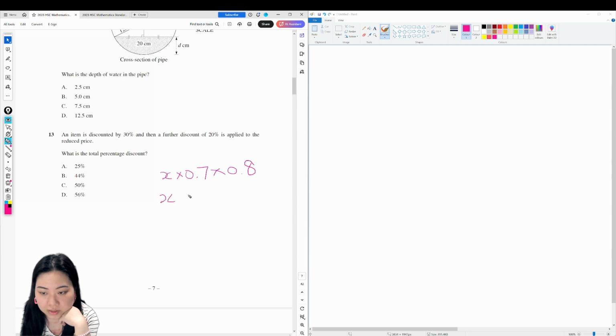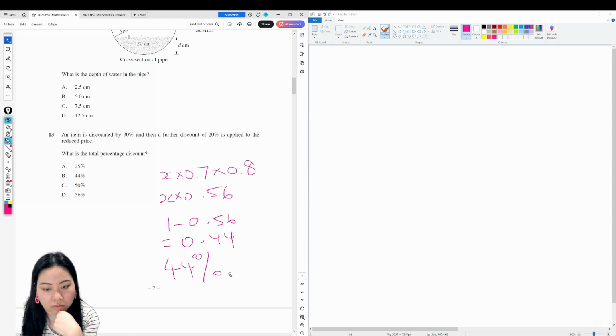So the price is now at 56% of its price. The total discount would be 1 minus 0.56, which is 0.44. So there's a 44% discount total. I believe that's right.